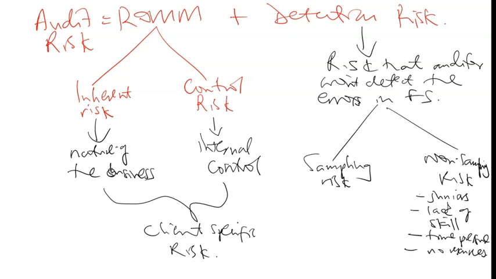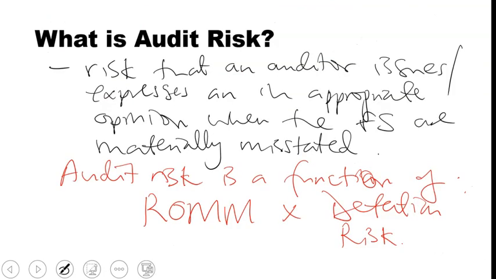All right, now coming back to the definition of audit risk, we are saying here, it is the risk that an auditor issues or expresses an inappropriate opinion when the financial statements are materially misstated.